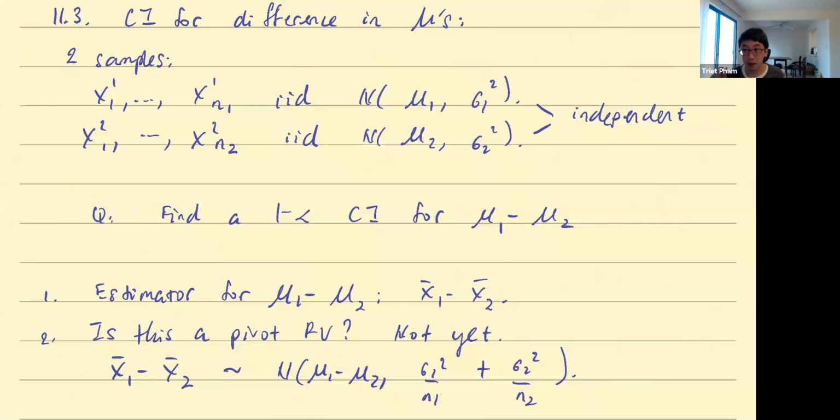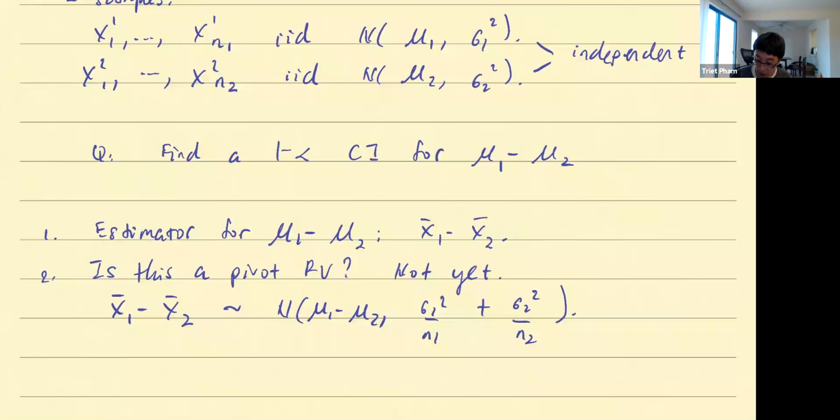We don't necessarily assume that they have the same sample sizes. This is the difference in the mean. This is the variance of the first one. This is the variance of the second one. And when you take the variance of the sum, or the difference, it's going to be a sum of the variances plus the covariance terms. But because they're independent, the covariance term is 0, so we end up with this. Is that okay?